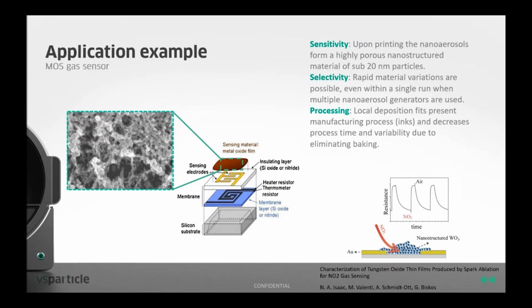Because this layer consists of very small particles and is highly porous, so has a high surface to volume ratio, it is very sensitive. Because we are also able to combine different materials in different ratios, we can really print sensing arrays and make the sensor more selective. And this local deposition manufacturing actually decreases all the steps to develop a sensor, because you can locally deposit and you will not need any masks.